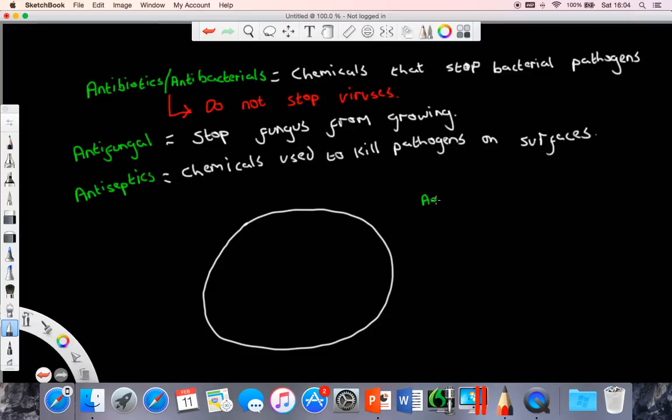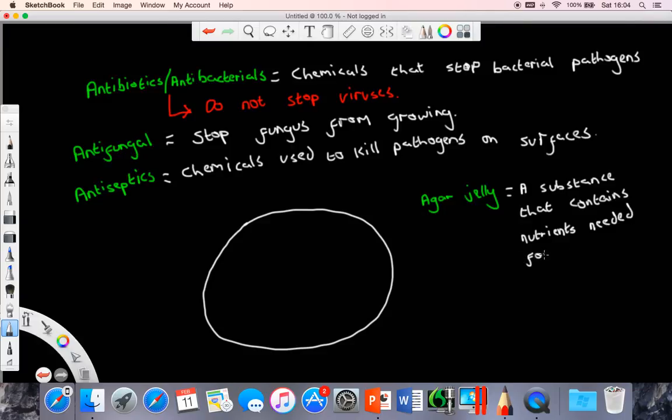Now, agar jelly is a substance that contains nutrients needed for microbes or bacteria to grow.